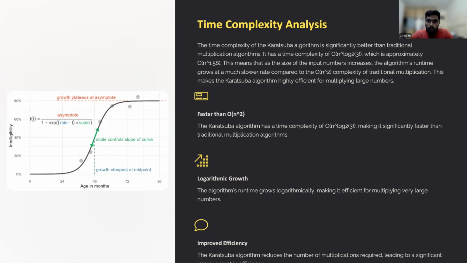This makes the Karatsuba algorithm highly efficient for multiplying large numbers, faster than O(n^2). Its complexity of O(n^(log2 3)) makes it significantly faster than traditional multiplication algorithms. Sub-quadratic growth: the algorithm's runtime growth makes it efficient for multiplying very large numbers. Improvement in efficiency: the Karatsuba algorithm reduces the number of multiplications required.